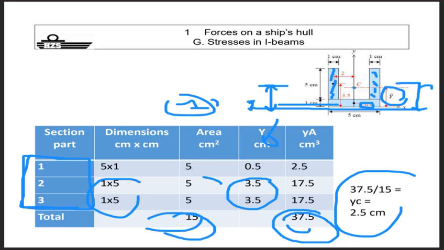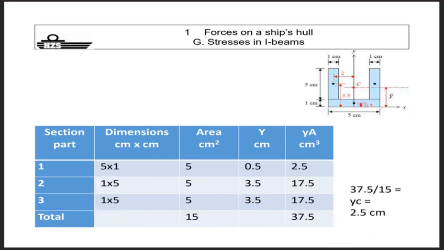And that you need to take as a reference for your calculations of Y around the neutral axis. So if I draw the line here, once you calculated this position, you can calculate I around the neutral axis without any problem.